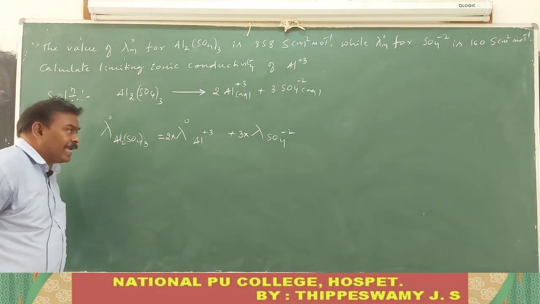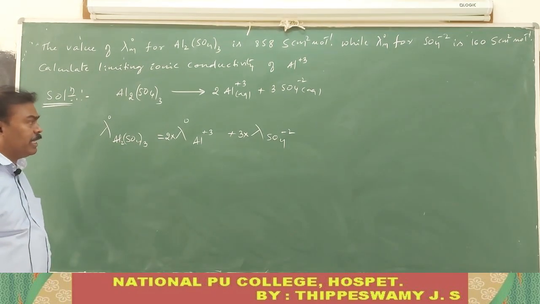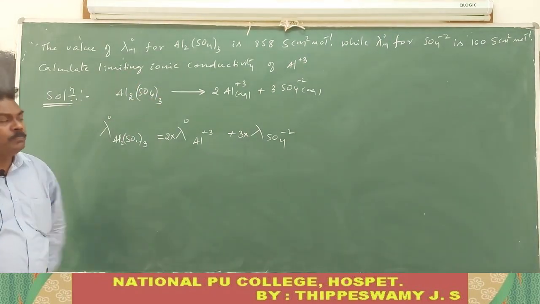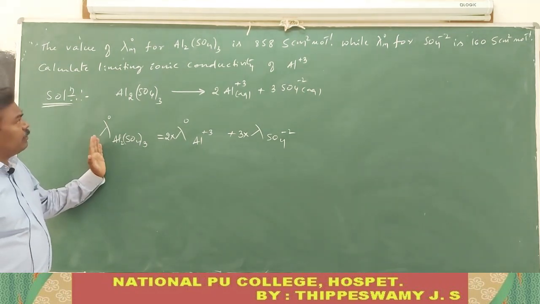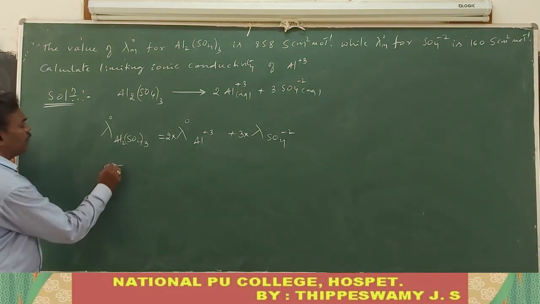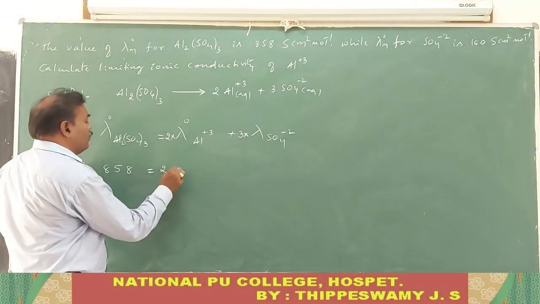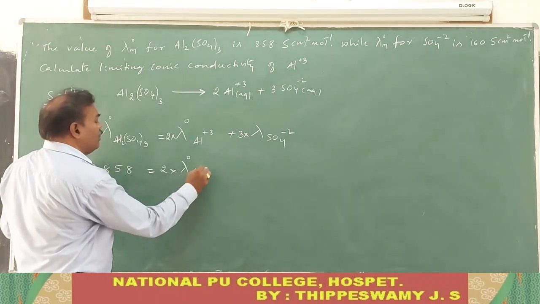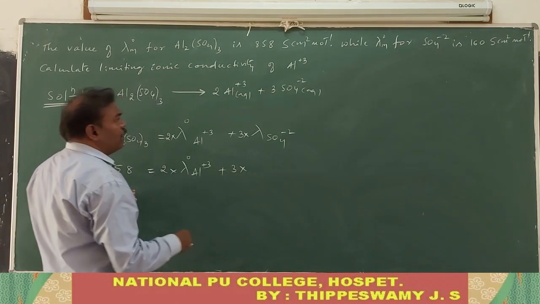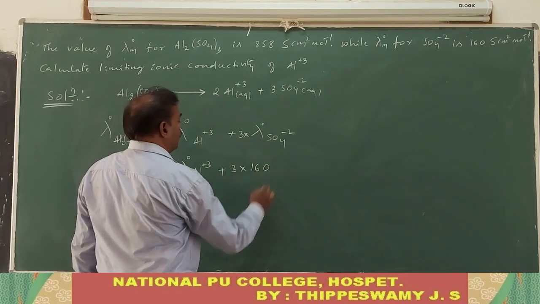Okay, now the question will be like this. What is the limiting molar conductivity of the aluminum ion, or the limiting ionic conductivity of the aluminum ion? The limiting molar conductivity of aluminum sulfate is given, so the value will be 858 Siemens centimeter square per mole, equal to 2 into the limiting molar conductivity of aluminum ion plus 3 into the limiting molar conductivity of the sulfate ion, which is given as 160 Siemens centimeter square per mole.